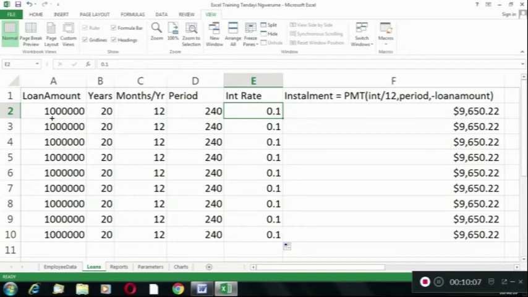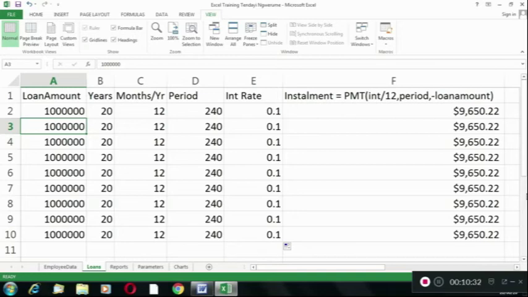So we want to play around now. Say for example, I can afford an installment, say up to 12,000. So what I want to do is to see what loan amount I can put in and still manage to pay 12,000 per month. So that was $1 million.